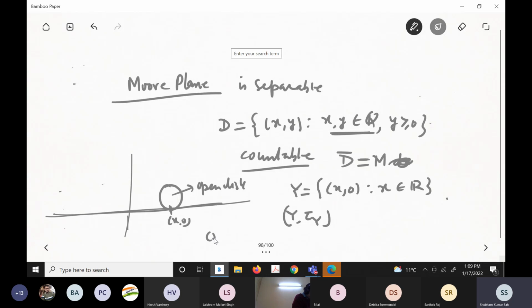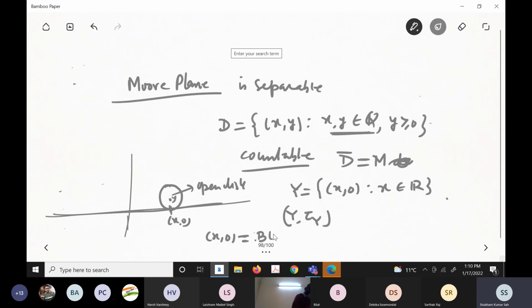So x0 is M intersection Y. Sorry, yes, M not M. The disk, you call it x0, call it R, whatever. Here it is Y. Oh, that is the notation. I have written something wrong, I think. Let me check that.